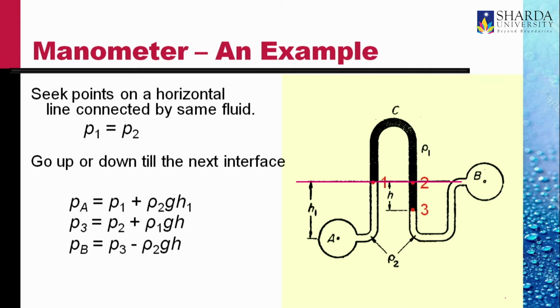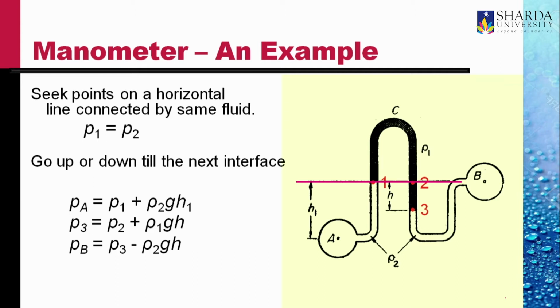Similarly, P3, which is below P2, is equal to P2 plus rho 1 GH, where h is the height of column 3 to 2 and rho 1 is the density of the fluid there. Similarly, PB is equal to P3 minus rho 2 GH, since B is higher than point 3, so the pressure is lower.